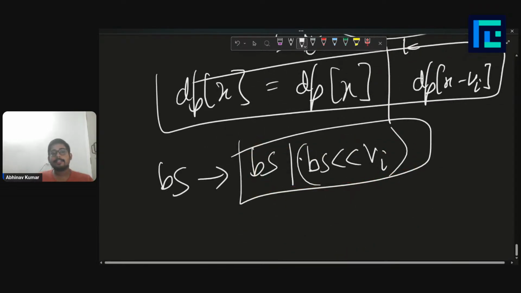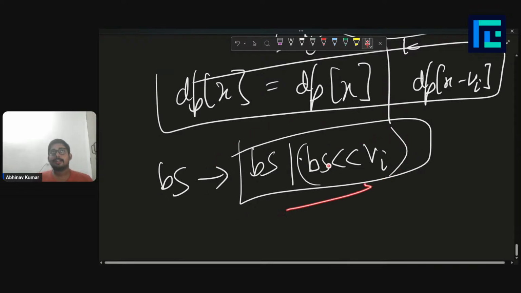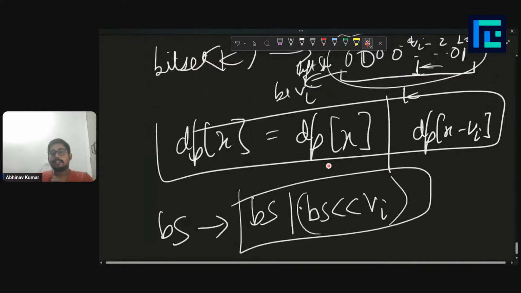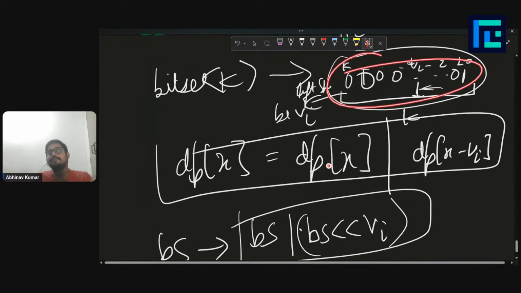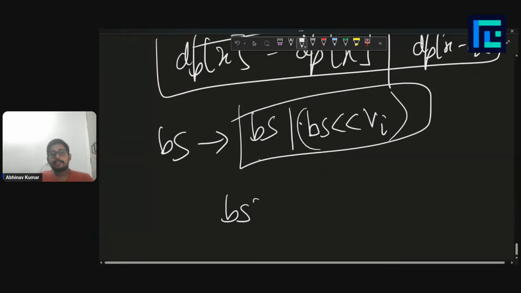By doing this update for every vi, after going through every element in the vector, we get our final dp state, which represents whether making a sum of i is possible or not.